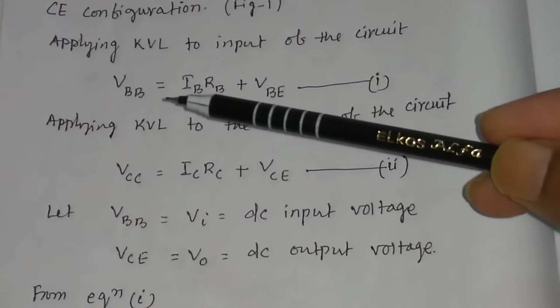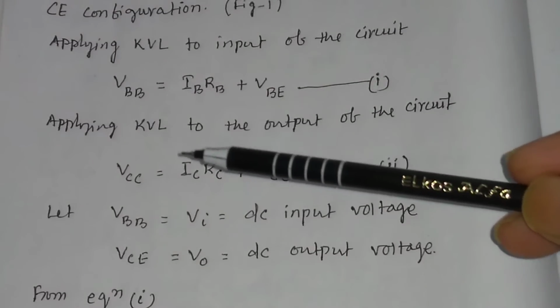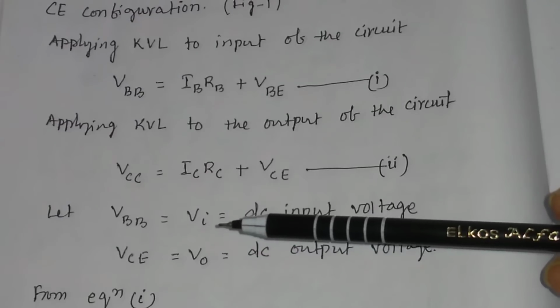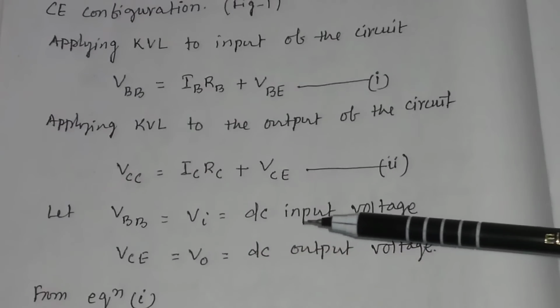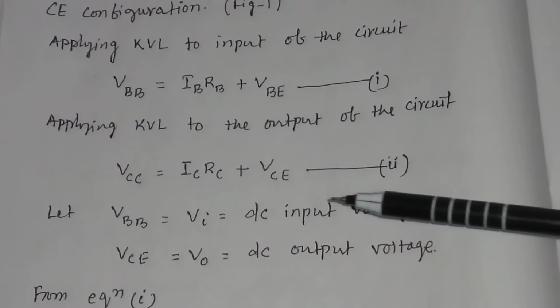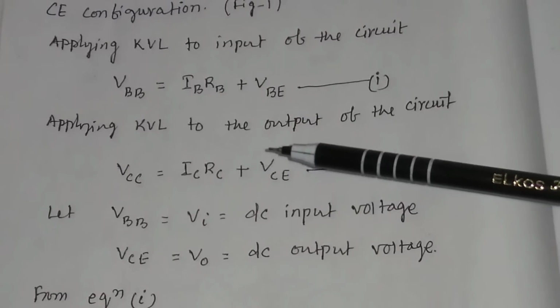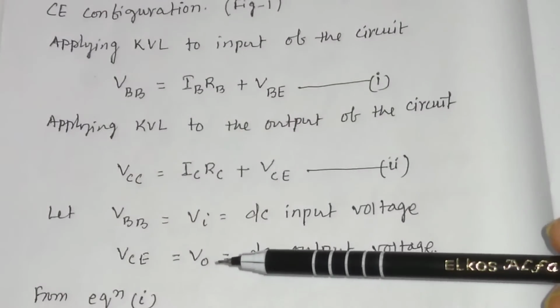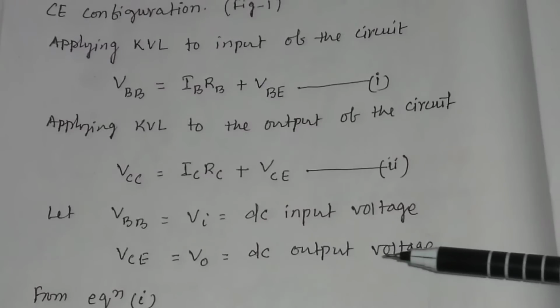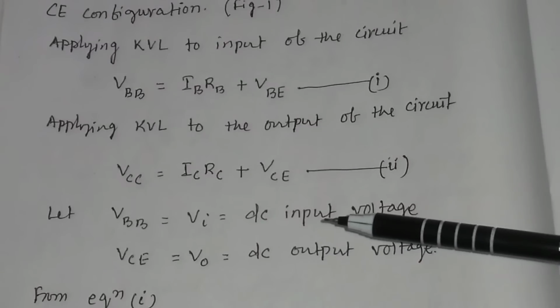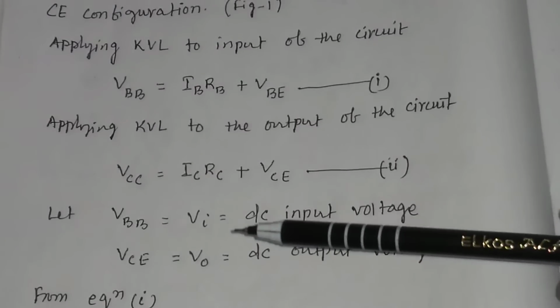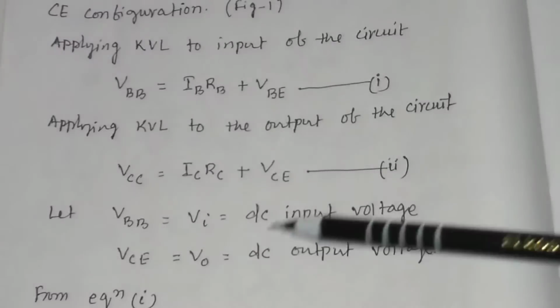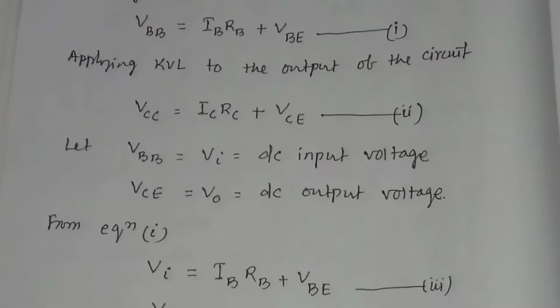And VBB, the biasing voltage, is nothing but VI. Let us say it is VI, and that is called the DC input voltage. And VCE is the VO, or output voltage, that is the DC output voltage. For the DC input voltage you write VI, and for the DC output voltage you write VO.